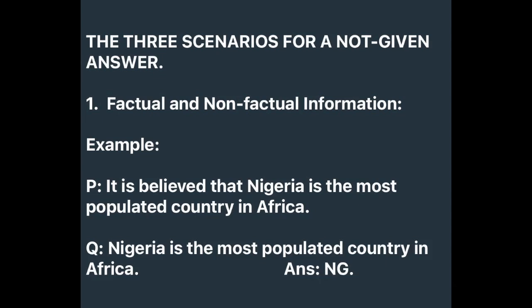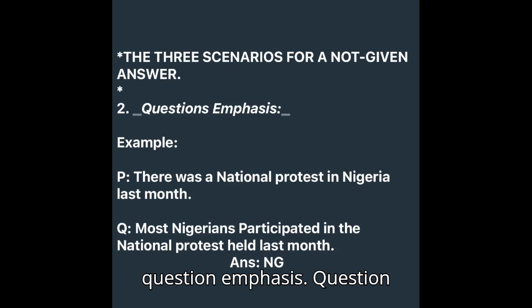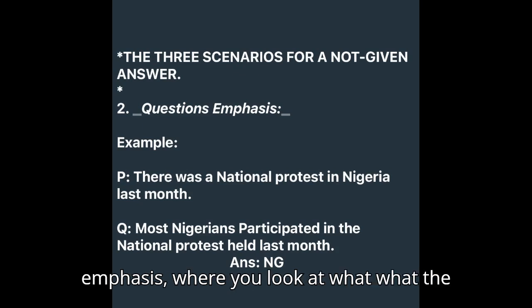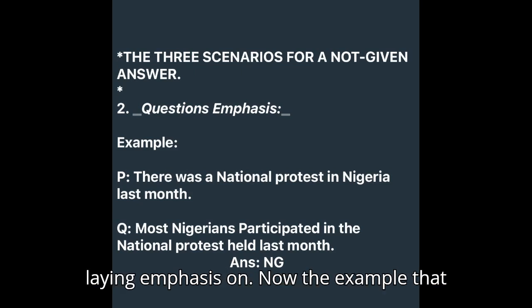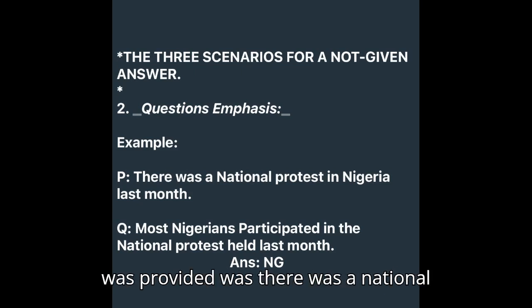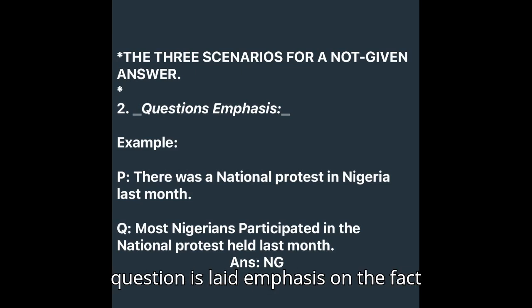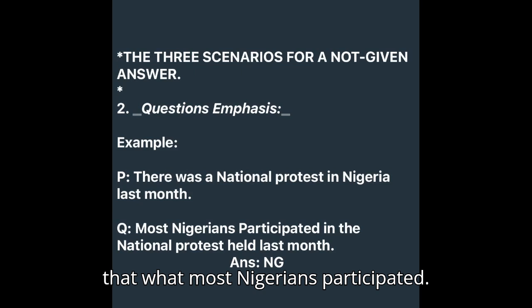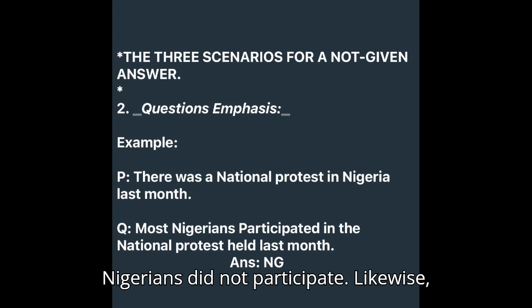I said the second scenario is question emphasis, where you look at what the question and the passage is laying emphasis on. Now, the example provided was there was a national protest. The emphasis was laid on the fact that there was a protest. But the question is laying emphasis on the fact that most Nigerians participated. There is every possibility that most Nigerians did not participate.